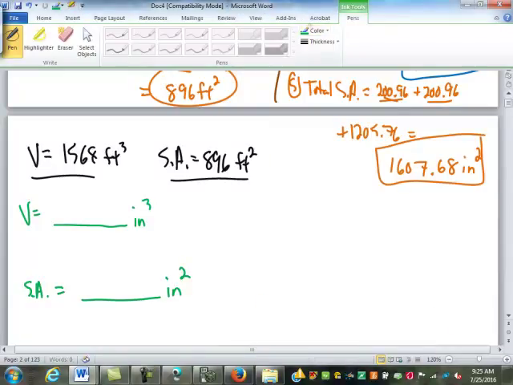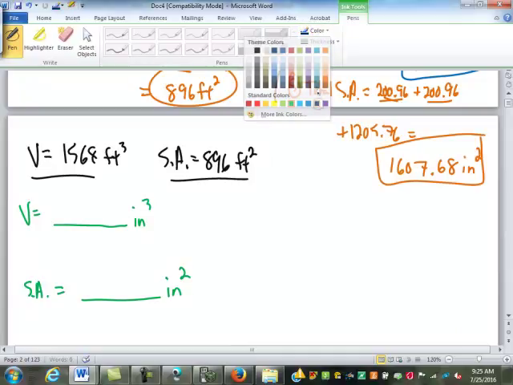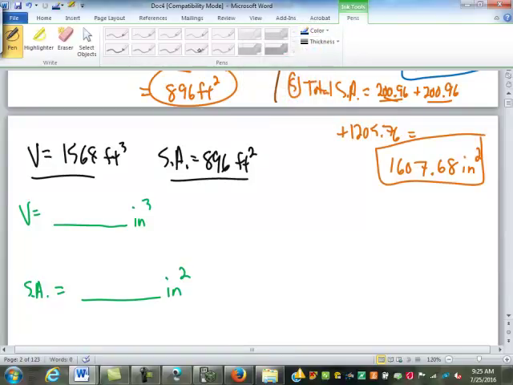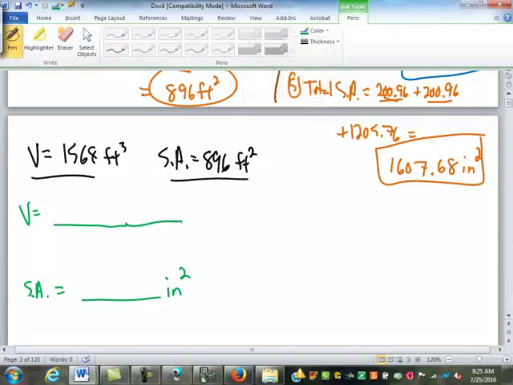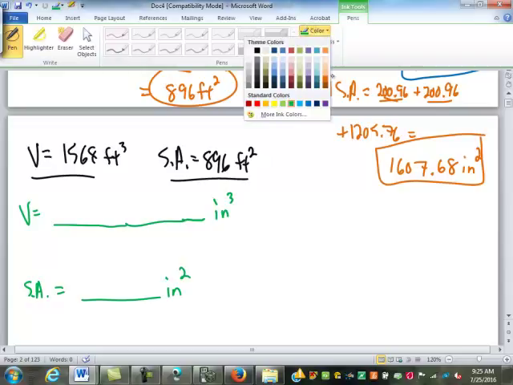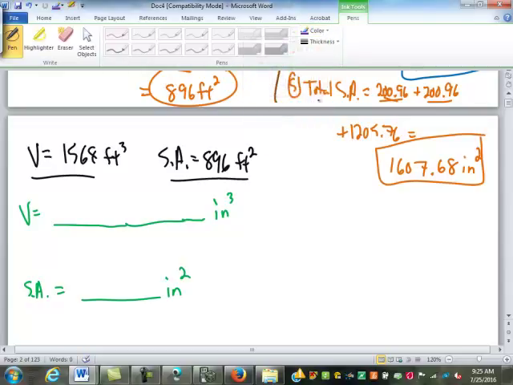So when we go to do conversions, remember when we have squared or cubed units, it changes the conversion factor. That doesn't change this number. The 1568 is not cubed. It's the unit that is cubed. So now we're going from feet into inches. Normally we'd multiply by 12. But now it's cubic feet into cubic inches, so we're going to multiply by what?